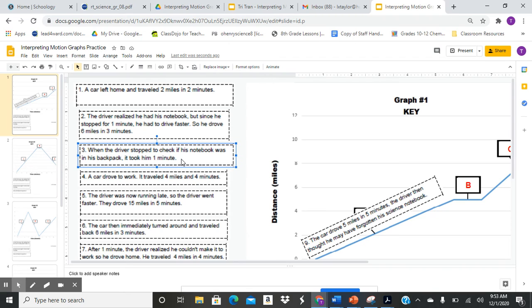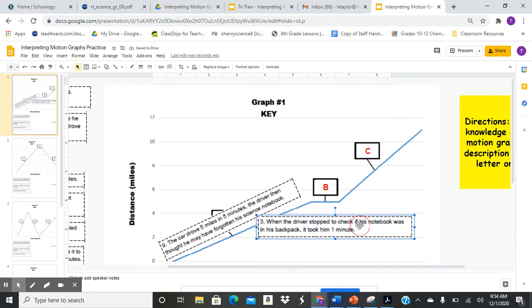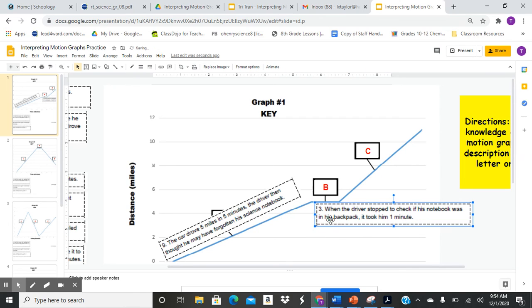The key words in description 3 are that the driver stopped and it took him 1 minute. And I know here at B, it took 1 minute. The object was stopped for 1 minute. So here for B, I'm just going to put that under there like that. My description is that the driver stopped to check to see if his notebook was in his backpack for 1 minute.